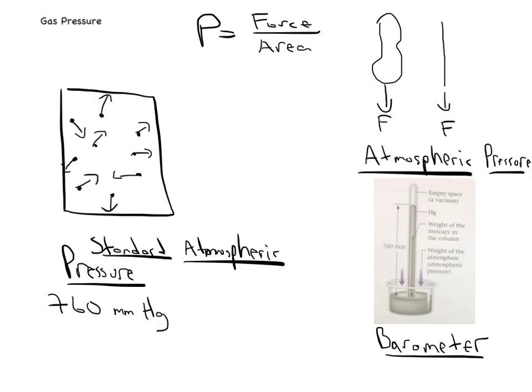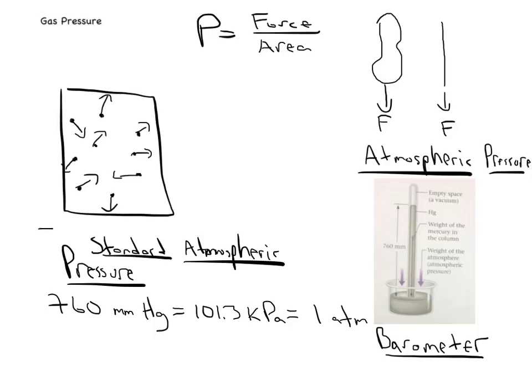There are some other units that are equivalent to this. One of them is 101.3 kilopascals, which is known as kPa. So 101.3 kilopascals is also equal to 1 atmosphere.